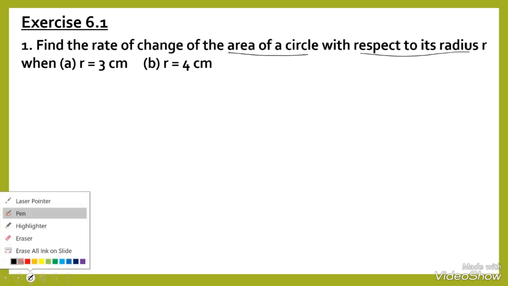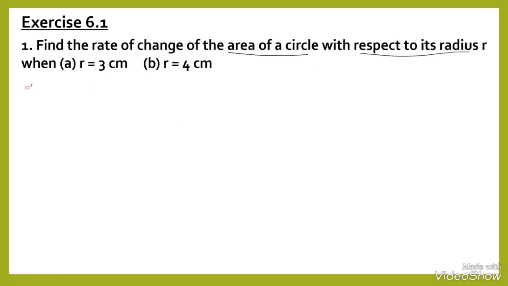First let's consider the area of the circle, that is pi r square. So first, I have to find the rate of change of area with respect to radius.